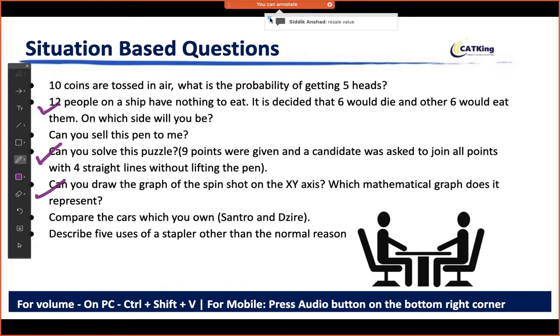Then you can also bring in certain aspects of a personal touch with some emotional attributes. For example, you can say Santro was the first car we actually bought, so it has sentimental value to it. Instead of making it a very technical question, I am trying to personalize it to myself, which is what you should be doing.